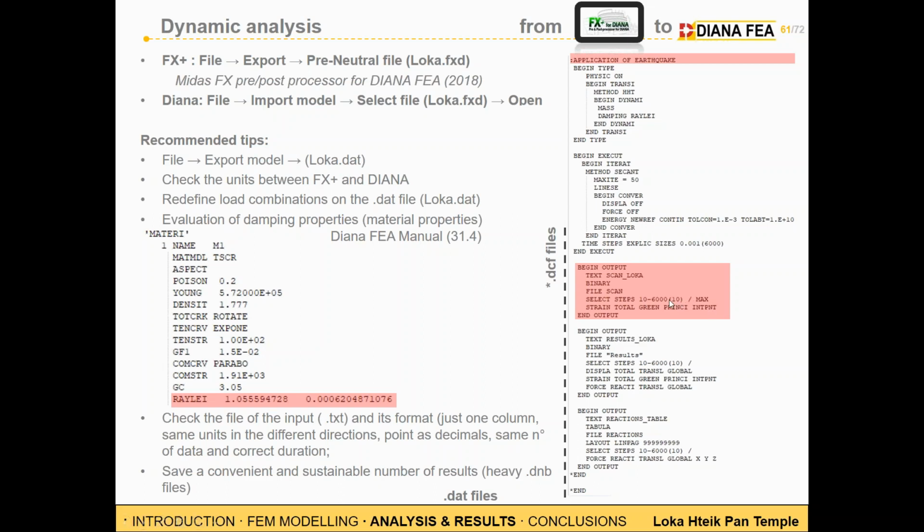And I suggest you also put one number here in brackets, which means that we are going to save just a limited number of steps, in order to avoid very heavy data. Again, just to give an idea, at the end of a dynamic analysis, you can have also 60 or 70 gigabytes, more or less.